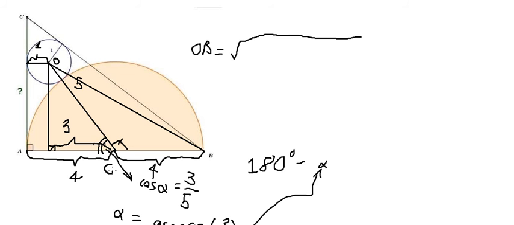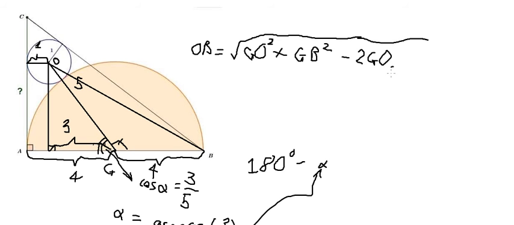this point here, I call it G. So GO square plus GB square minus 2 multiplied by GO GB, and we have cosine of 180 minus alpha.